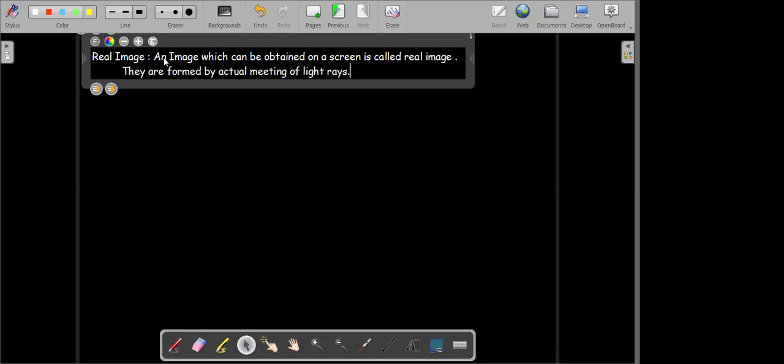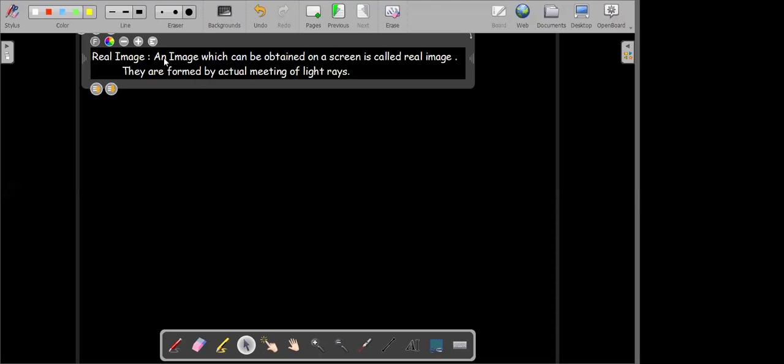So what is a real image? An image which can be obtained on a screen will be called a real image, and it is formed by the actual meeting of the light rays. Now let us see how to identify whether a given image is real or not.